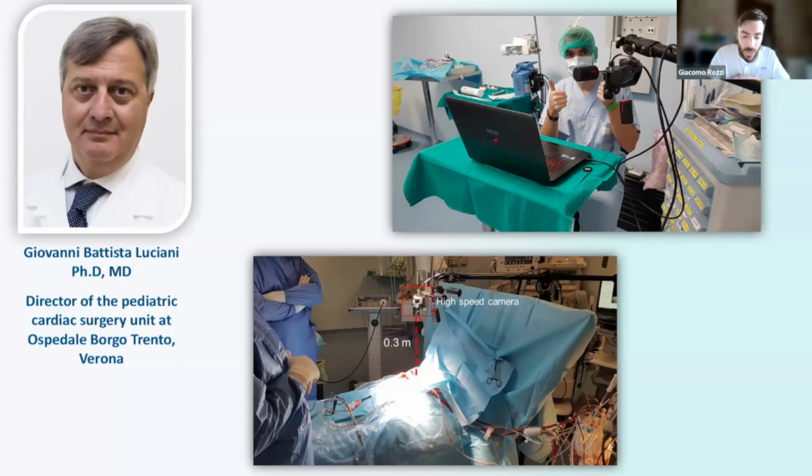The idea behind the project was to record the beating heart with a high-speed camera attached to an extensible arm. The camera was placed more or less at 30 centimeters from the heart, and we were able to record the cardiac movement in 2 dimensions and to extrapolate some parameters of cardiac motility, like speed, acceleration, and so on.